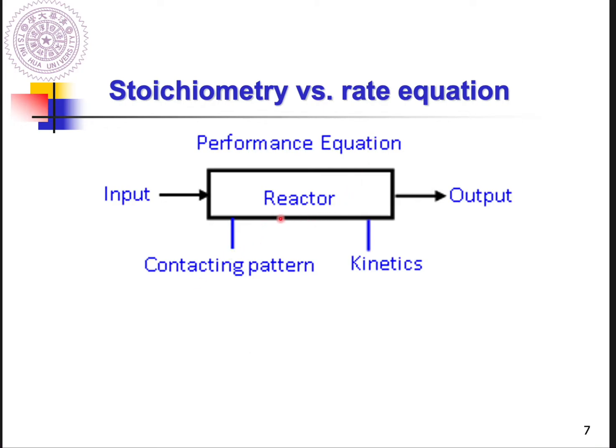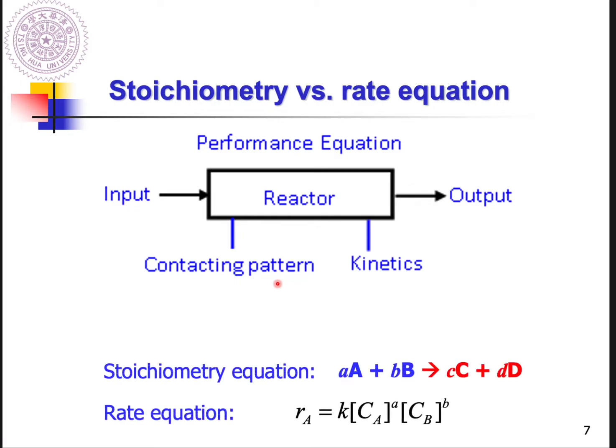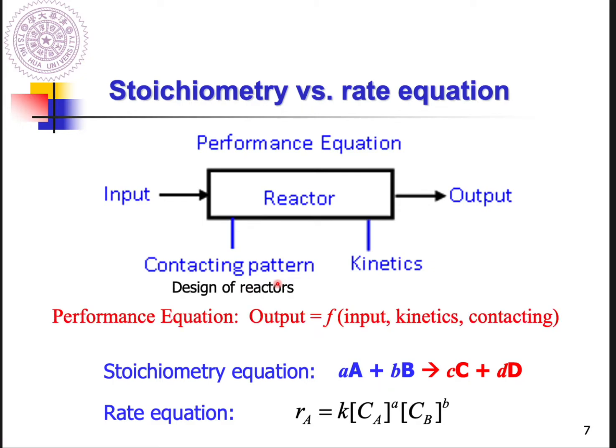The reactants are going to react with each other inside the reactor, so the contacting pattern will affect the performance, right? The contacting pattern is how the atoms or reactants contact each other.